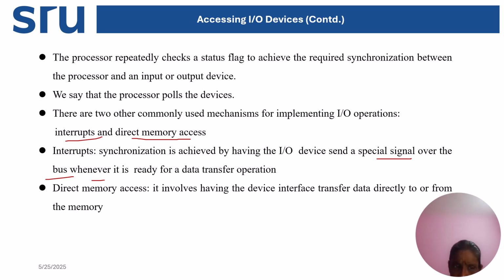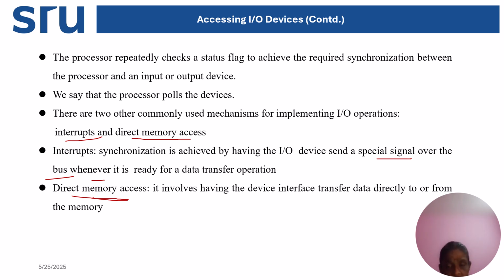And then DMA. DMA means the transfer of a block of data, not 1 bit or 2 bits or a byte. A block of data is transferred from the input device to the processor, and it is done directly. That is direct memory access, and it is done with minimum intervention of the central processing unit.